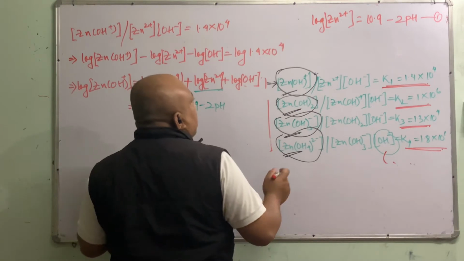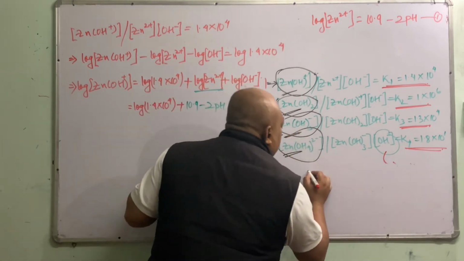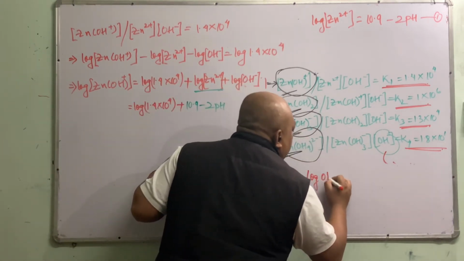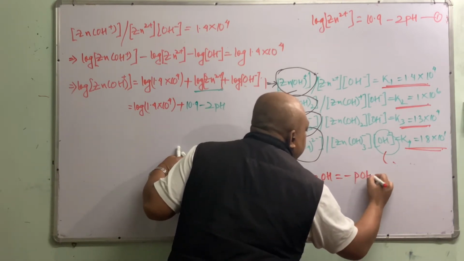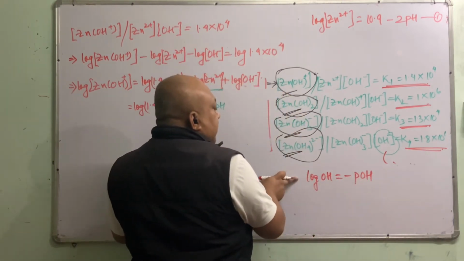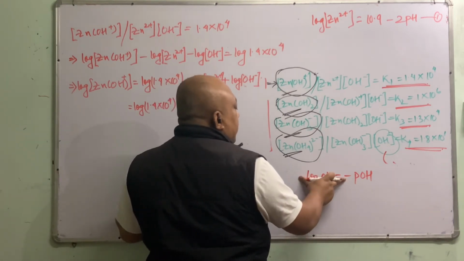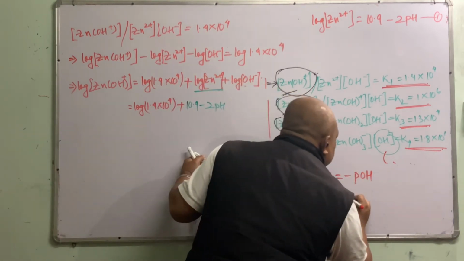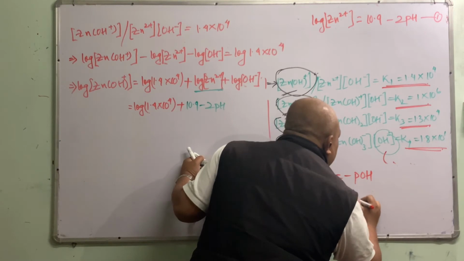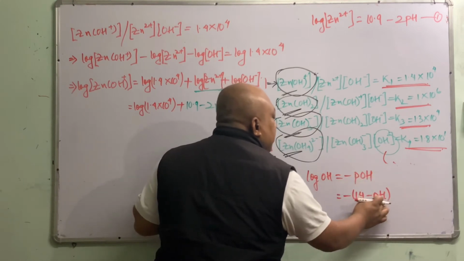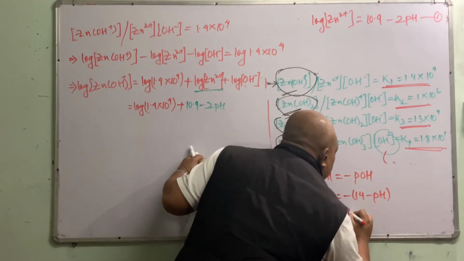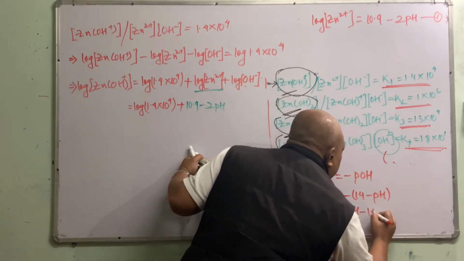I've already explained before: log of OH- is equal to negative pOH. pOH is equal to 14 minus pH, so negative pOH is pH minus 14.